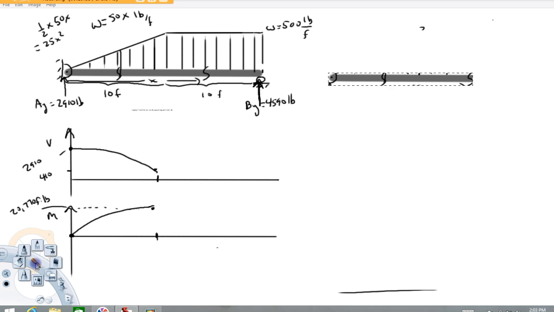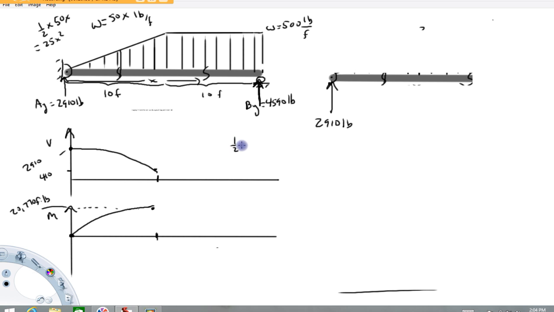We're going to draw a free body of our beam. We know we've got the force AY there, that 2910 pounds up. All right, now, if we cut it here, this entire triangular load now is going to put a force on that beam equal to, let's see, this thing's area. And I'm going to go ahead and just calculate that off to the side.